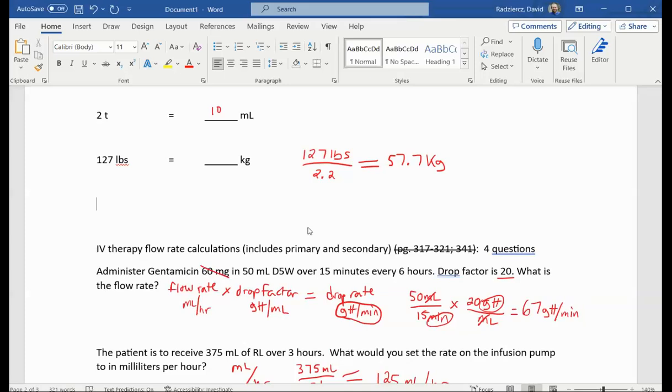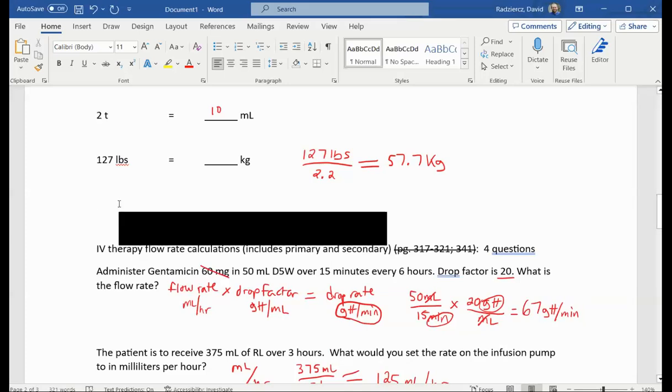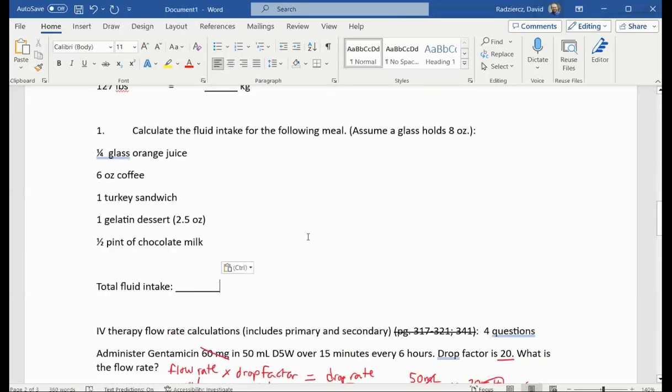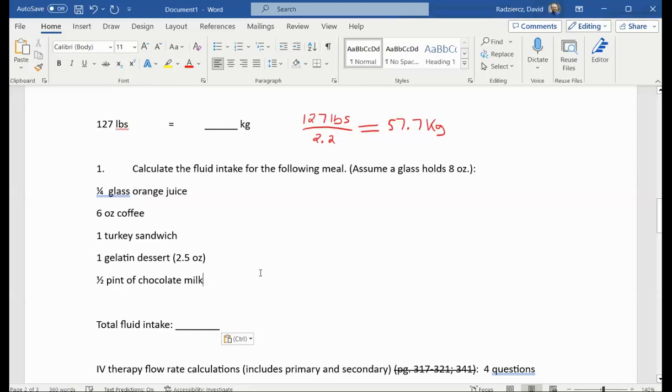Like I said, I need to correct that a little bit, but let me show you. This is what you'll get. You'll get something that looks like this, where you're calculating the fluid intake. They're going to give you examples of a meal, and you're going to have to figure out what each thing is in milliliters.